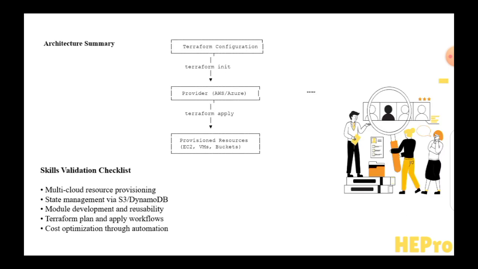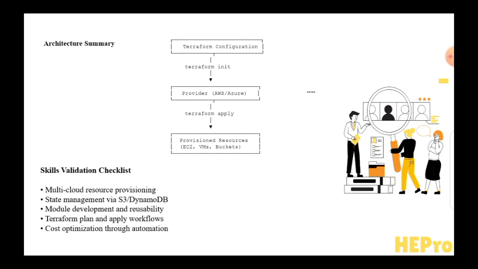In this project, you will define infrastructure as code using Terraform configuration files, initialize the environment with terraform init, and apply the configuration to provision resources across AWS, Azure, or GCP. The resources you create, like EC2 instances, virtual machines, and storage buckets, are fully automated and reproducible.